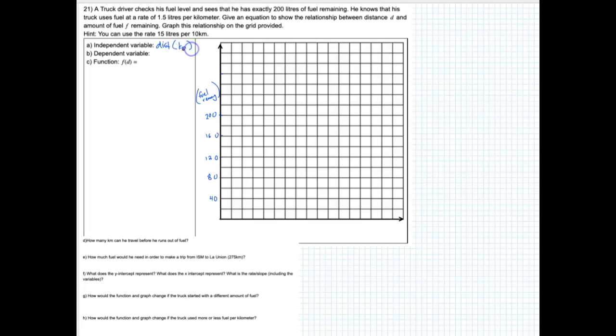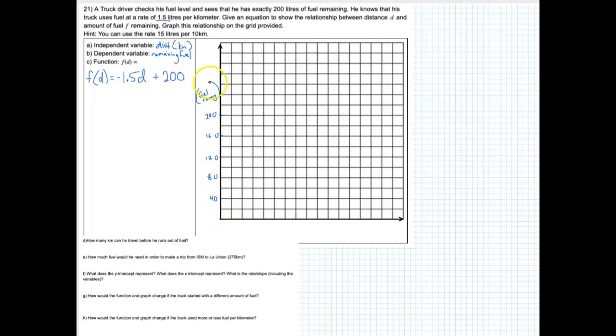And the dependent variable is the remaining fuel, measured in D. So the function, the remaining fuel, is equal to negative 1.5 D. It's decreasing, right? That's the key here, that we're burning fuel. It's decreasing by a rate of 1.5 liters per kilometer. And we start with 200 liters, okay?